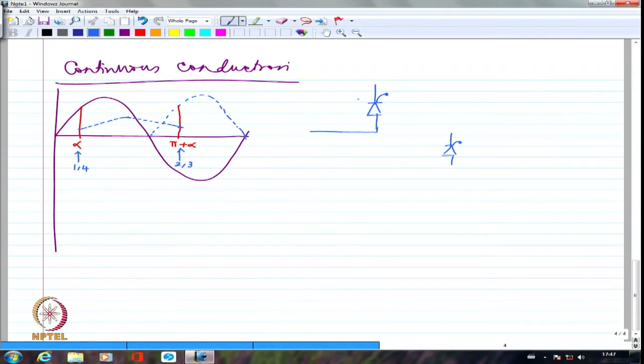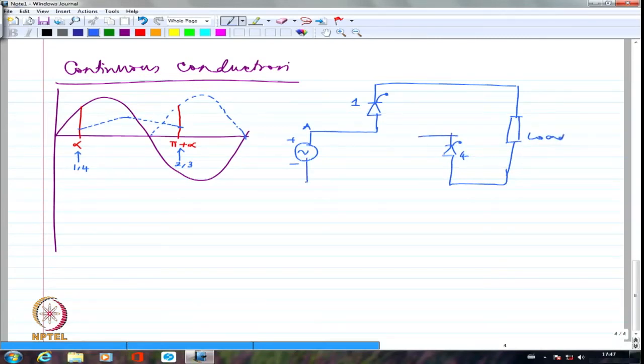Here is where I am having A, and this is the AC source with positive half cycle like this, and then it is going to go through the load. It is coming through 4, and then it is going to return like this, right? This is what it is. This is corresponding to 1 and 4.